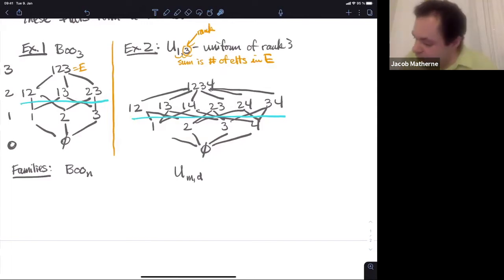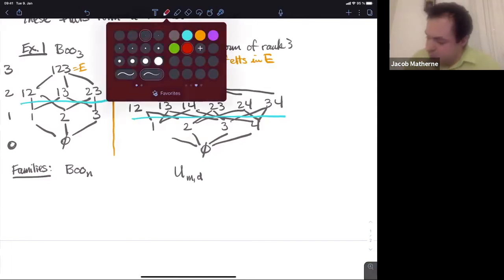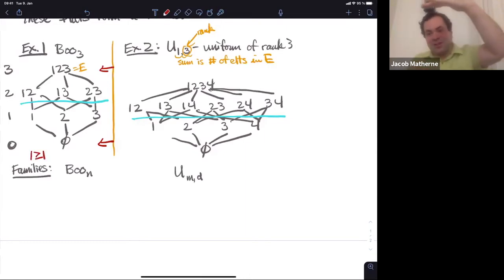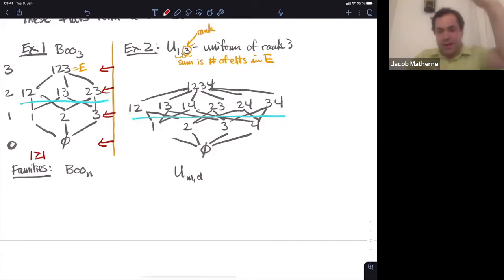Okay, so let me try to explain. In this first Boolean example, I could compare this to this. There's one element at the top and one element in the complementary rank, and the top-heavy conjecture says that the top one is greater than or equal to one. Then I can compare one down and one up, so I also have 3 greater than or equal to 3.